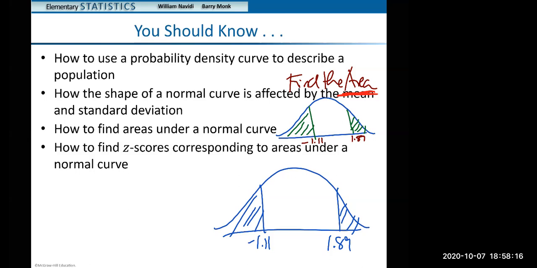Selma said the area at 1.89 minus the area at negative 1.11. Nope.